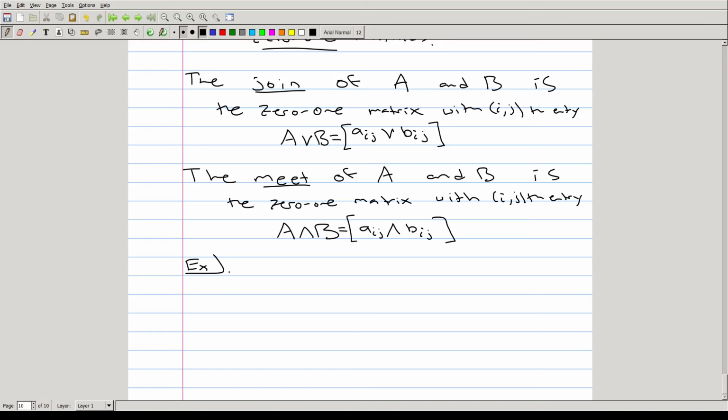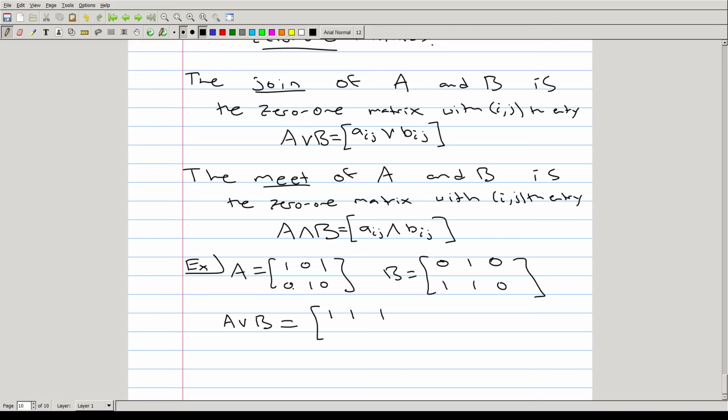For example, if A is 1, 0, 1, 0, 1, 0, and B is 0, 1, 0, 1, 1, 0, A or B, the join of A and B, is going to be 1 or 0, which is 1, 0 or 1, which is 1, 1 or 0, which is 1, 0 or 1, 1 or 1 is 1, 1, 0 or 0, which is 0.